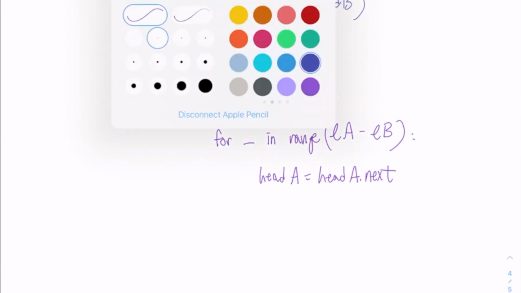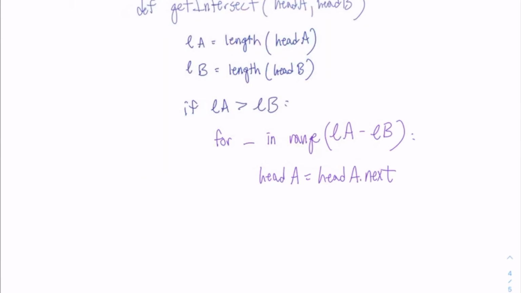So before we go on, we also have to create the situation where if lowercase b is greater than lowercase a, in other words, if the length of the linked list lb is greater than the length of the linked list la, we have to do something.